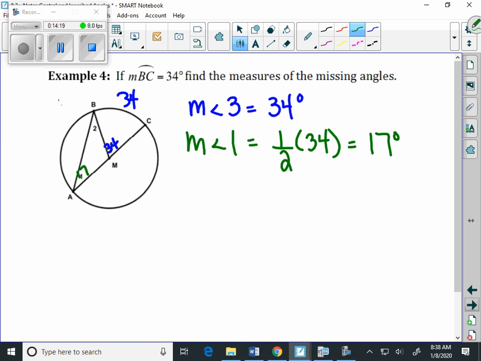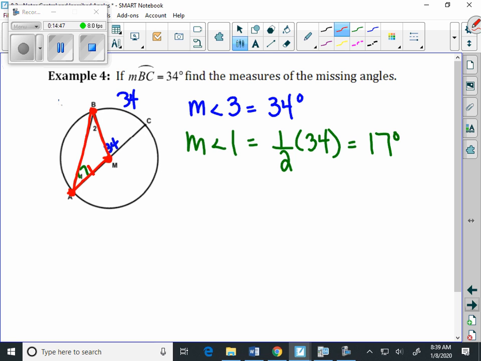And if we're really looking closely on this one, what I hope that you recognize is that the triangle in this problem, this triangle, is an isosceles triangle. And one of the ways that I know it's an isosceles triangle is because MB is a radius of the circle, and MA is a radius of the circle.